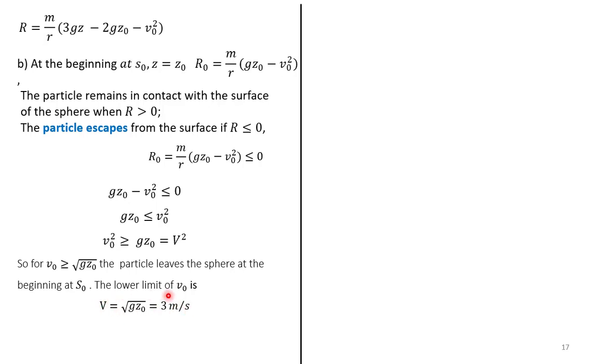So the lower limit of v0 is V equal to 3 meters per second. This means that if the initial speed at S0 is larger than or equal to 3 meters per second, the particle will leave the surface from the beginning at S0. So the particle will not slide on the surface of the sphere if v0 is larger than or equal to 3 meters per second.